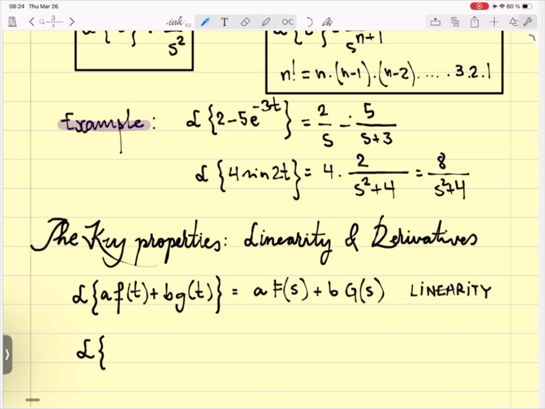So if we multiply a function by e to the a t, it's going to be a delay. The consequence is that we apply the transform not at s but at s minus a. Okay, so this is called exponential shift.